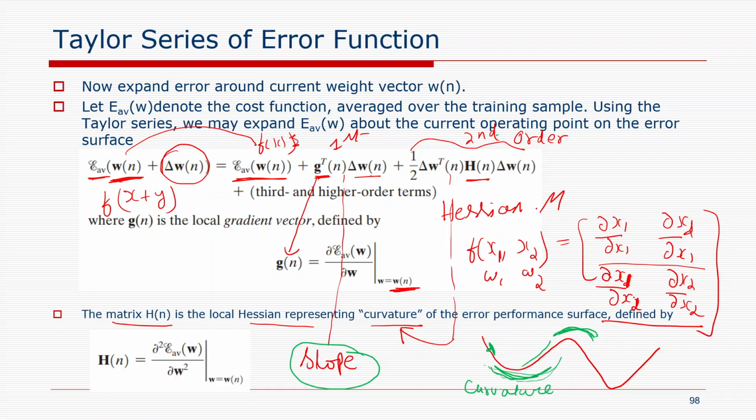Therefore, when we use the Taylor series, we use the second order term to know the curvature of that particular function. Therefore, we go with the Hessian matrix, because when I'm here I should know whether I am in curvature down or curvature up, because at that time I can make quicker decisions instead of just getting stuck in the local minimum.